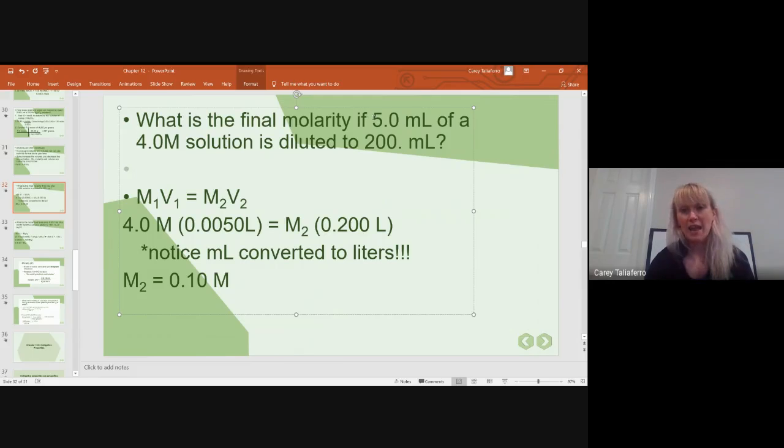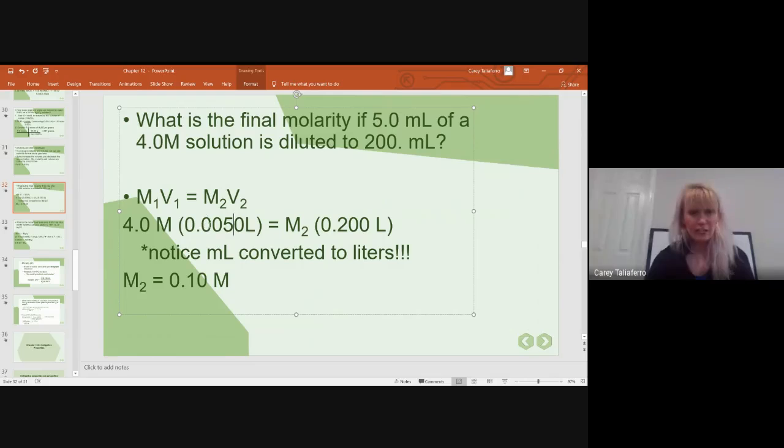Now, I have milliliters for my volume, so before I do anything, I have to divide 5 by 1,000. So I get 0.0050 liters, because I take that 5 milliliters and divide it by 1,000. My volume must be in liters because my molarity is in moles per liter. So I have to keep my units the same, okay?